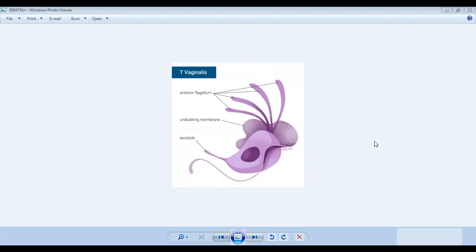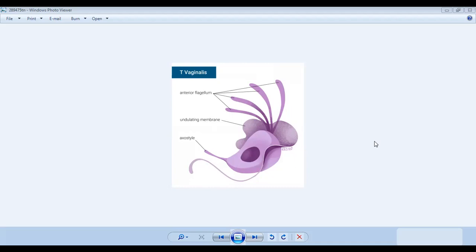The cervix can be seen spotted, and it's called strawberry cervix. So the patient presents with offensive, frothy discharge, signs of irritation, vaginitis, cervicitis, what we call strawberry cervix.